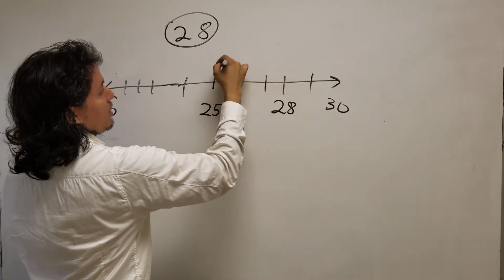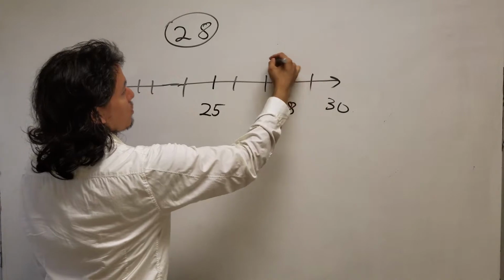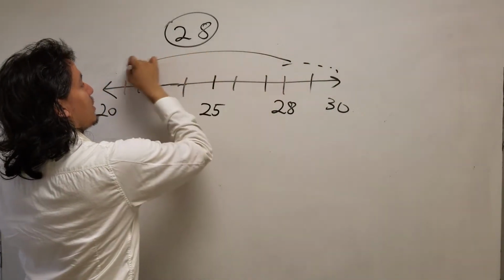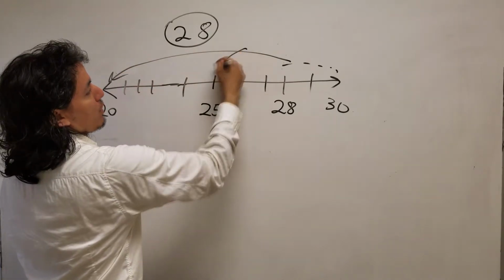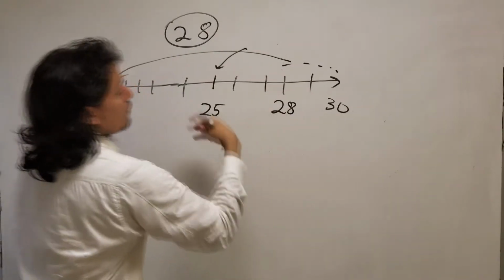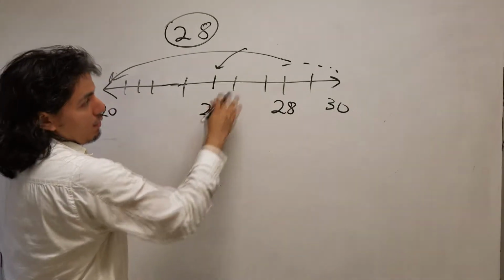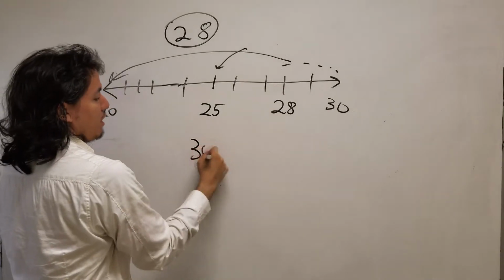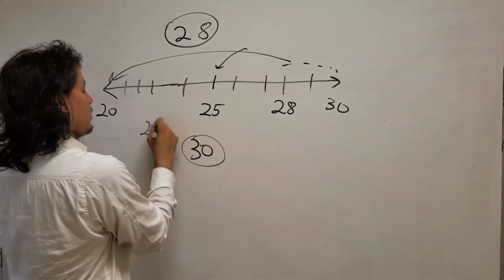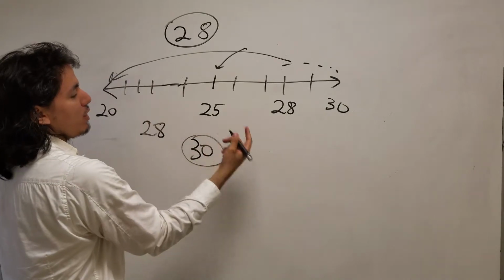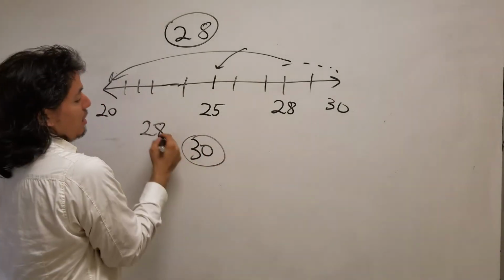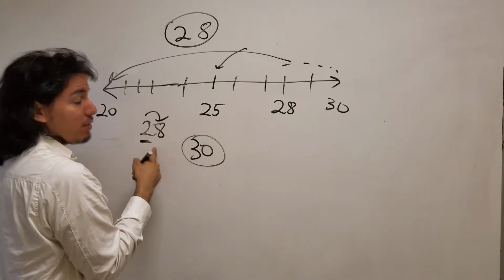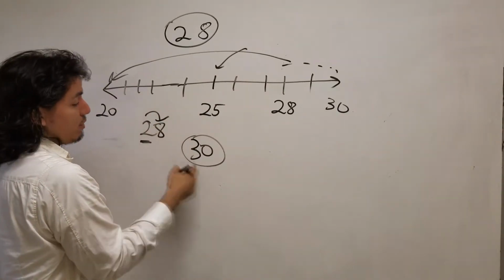It's actually pretty close to 30 compared to trying to round down over here, or even to 25. It's much closer to 30. Therefore, when you're rounding up, visually, it makes sense that it's much closer to 30. This is only if you're rounding in the tens place. You do the same thing and ask yourself, is 8 bigger than 5? Yes, so then it becomes 30.